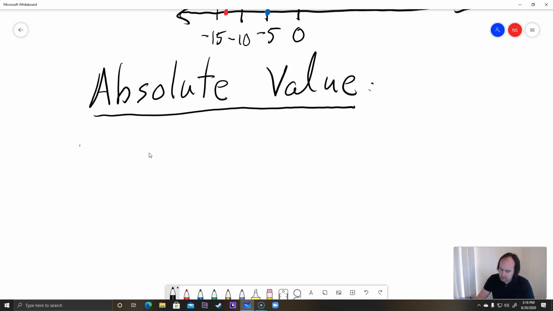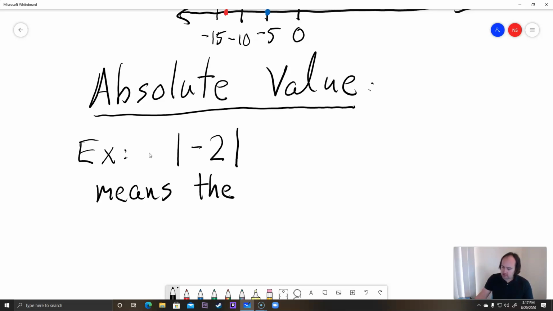So for example, absolute value of -2 would be two vertical bars, one bar to the left, one bar to the right, and then -2 in the middle. And what it means is it's actually going to be the positive version of the number. Okay? Means the positive version of the number.